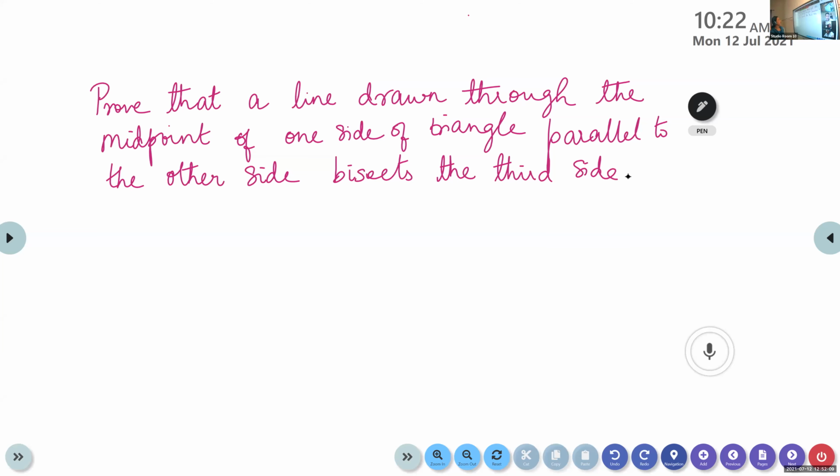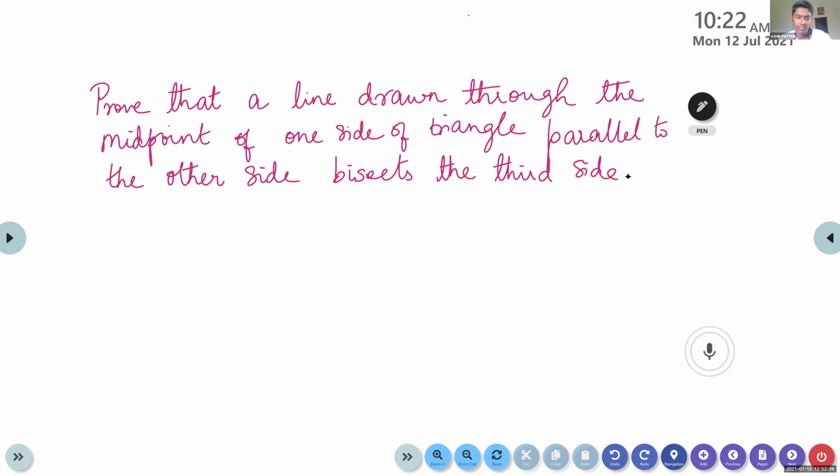Okay, look at this, children. Listen to this question: prove that a line drawn through the midpoint of one side of a triangle parallel to the other side bisects the third side. The line is drawn parallel. Parallel means which one you have to use? Ashik?